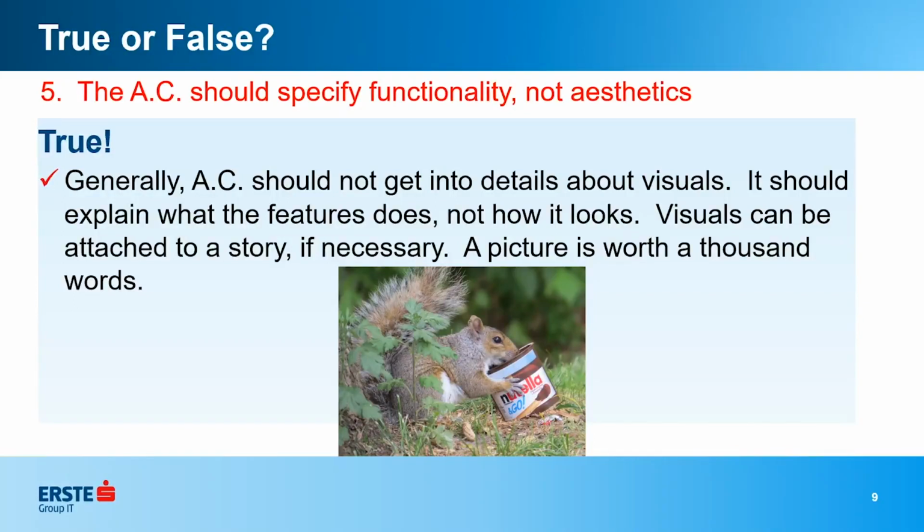You'd have to say there's a little piece of a weed growing in front of the squirrel, the squirrel is brown with a little white belly and black eyes, and it's a medium-sized jar of Nutella, and so on. Whereas you could just attach something and the acceptance criteria could just be that it resembles the attachment seen in Jira or Confluence or whatever. So don't get into it needing to be certain colors. Acceptance criteria is just, how does it work?